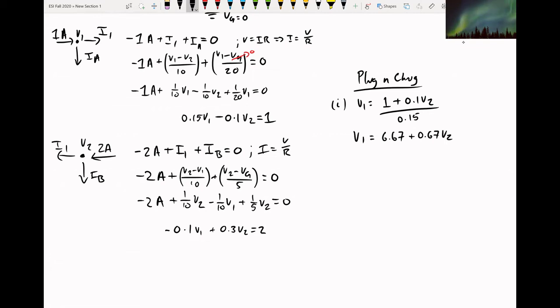Now we'll rearrange equation 2 into a form for V1.